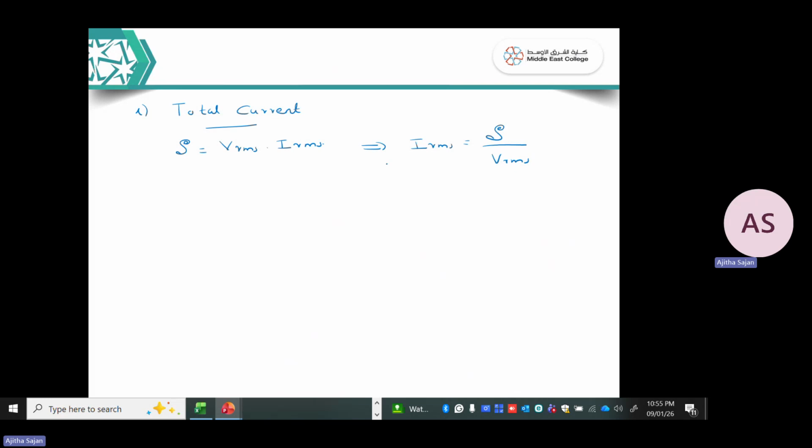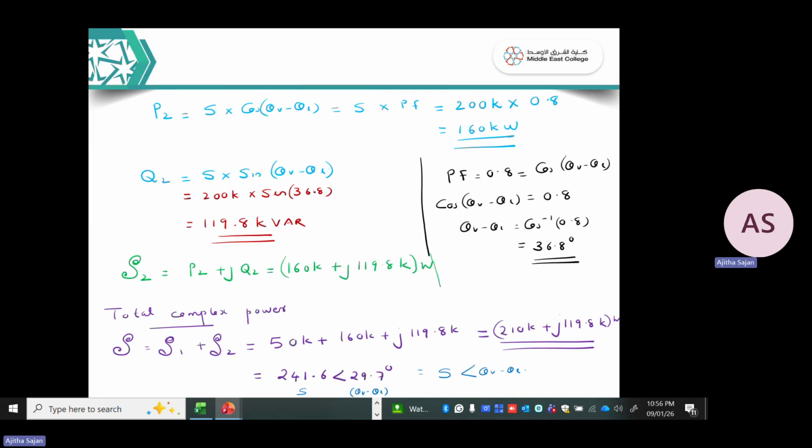So already you are aware of S. S is only the magnitude part, because S is not complex, sorry.